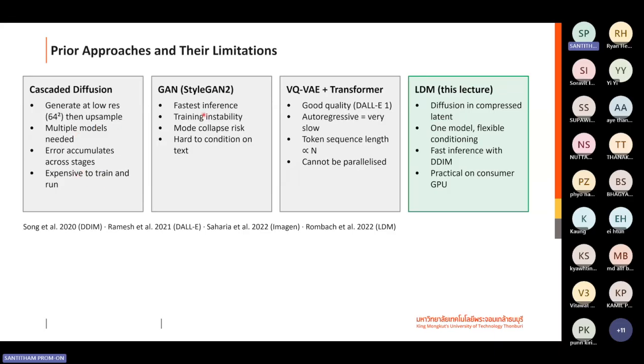The first one here, GAN, is fast but unstable. There is training instability, and there's also mode collapse. But it is a very nice idea from game theory, right? The idea of StyleGAN that you learned earlier, where you have a type of adversarial training.